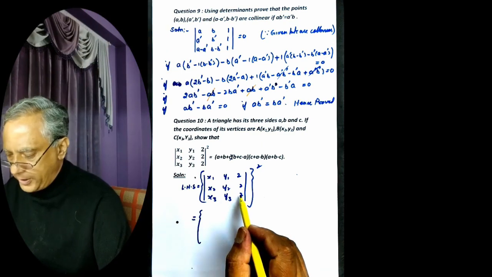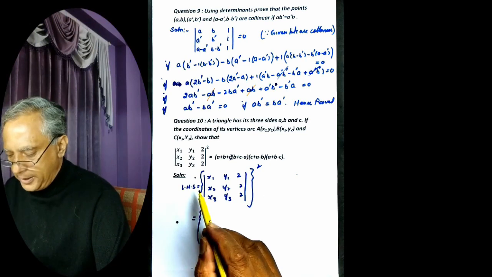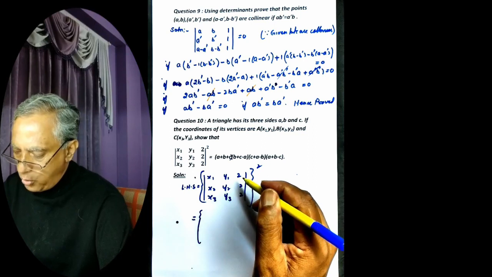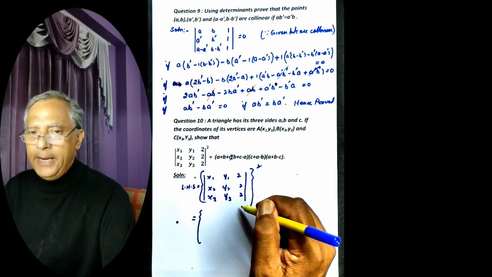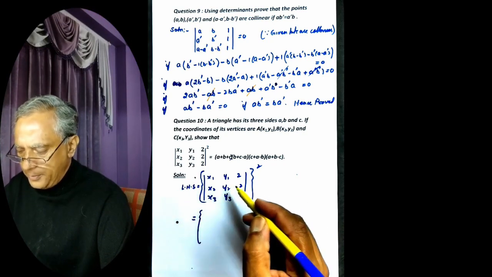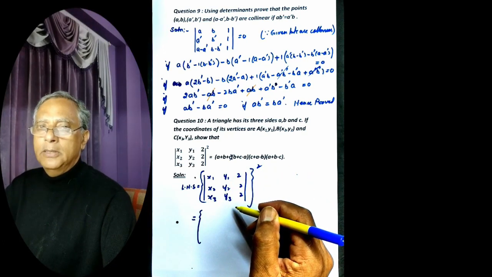while doing the properties of determinants, what we learned is, if we multiply a determinant by 2, only one row or one column will get multiplied by 2. So if we want to multiply a determinant by 2, we multiply a single column.